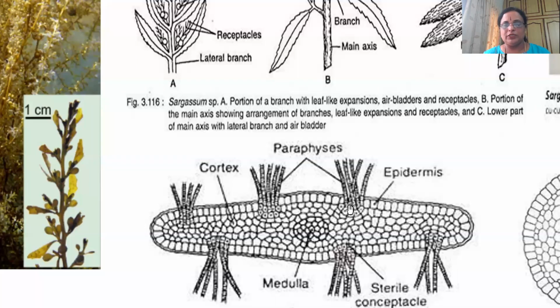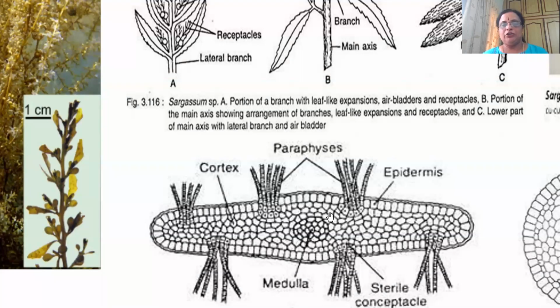From these conceptacles, the paraphysis arise. These paraphysis are hair-like structures, and they arise from a structure at the lower end, like our root hairs, where we could see the growth of hairs. Like that, there are certain cells which are meristematic in nature. They help in the growth of this paraphysis.